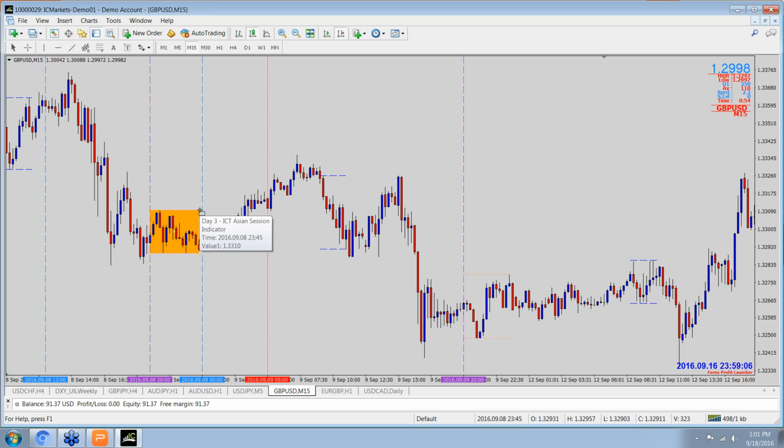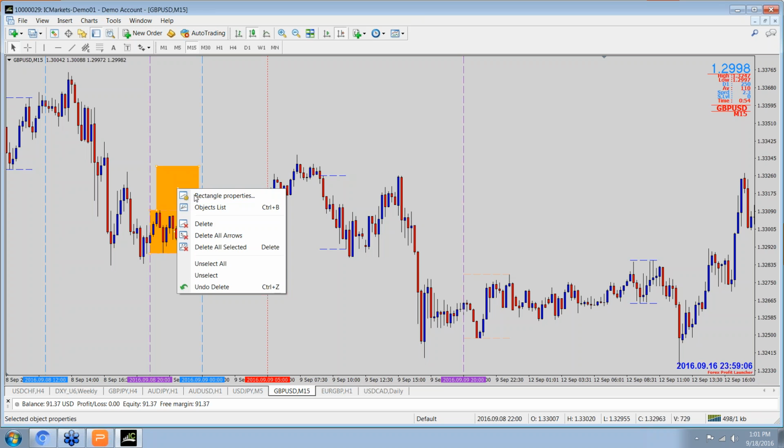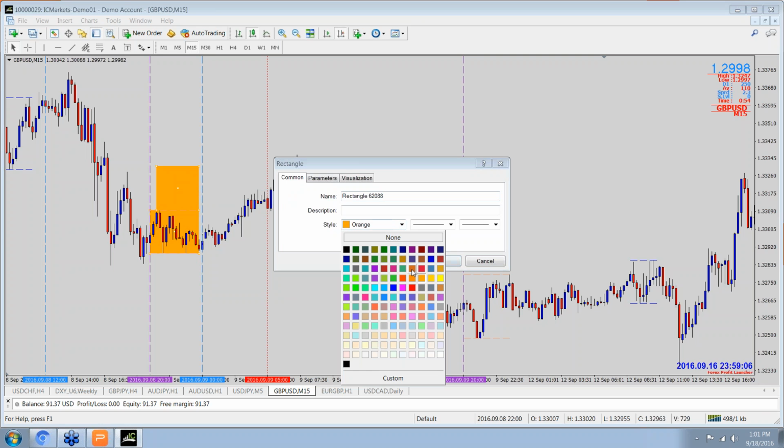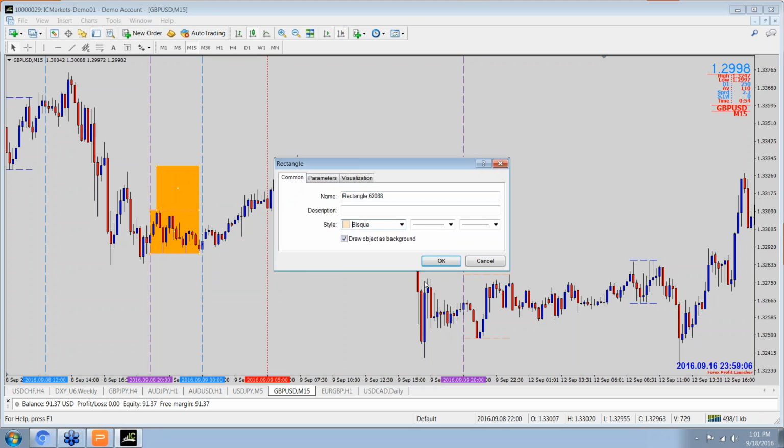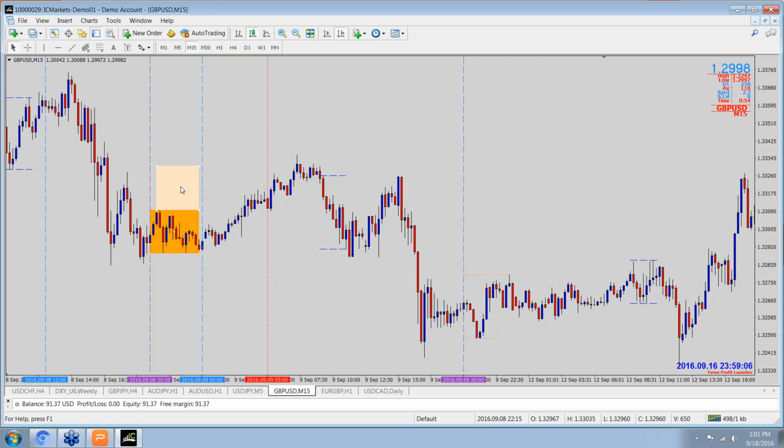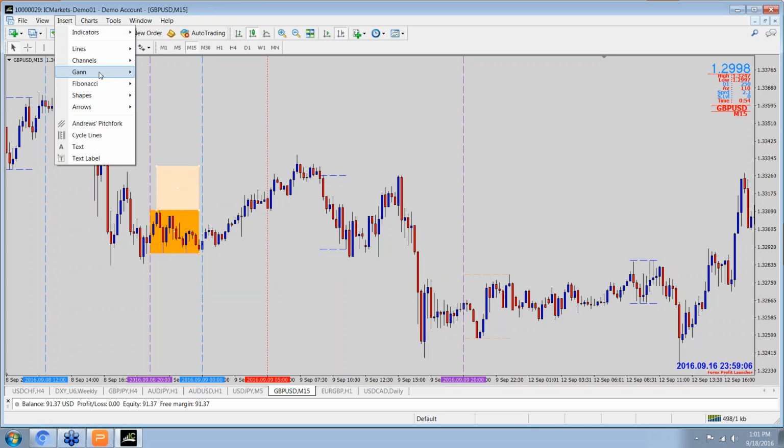Get the standard deviation. All right, move that above. And look at this, we're looking at 1.5 standard deviations as stated. All right, let's do one more.